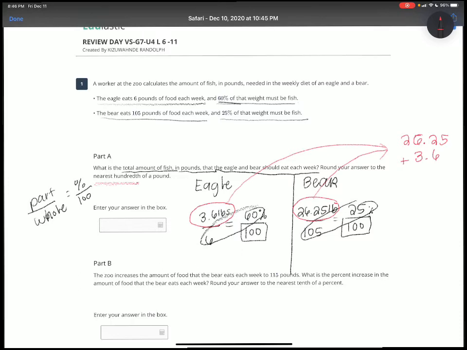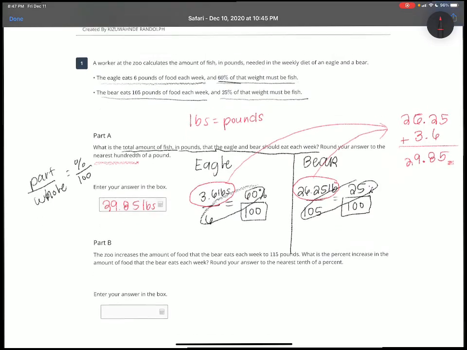So it's going to be 29.85 pounds. Now I'm going to write this down there. LB stands for pounds. You might be wondering at home, what does that LB represent? That represents pounds. It's an abbreviation. And it says round to the nearest hundredth of a pound, and there's nothing more there, so we'll leave the answer as is.